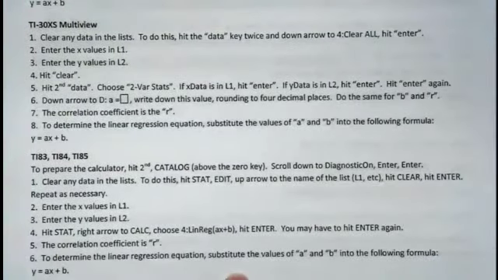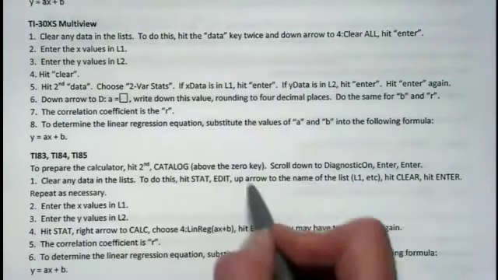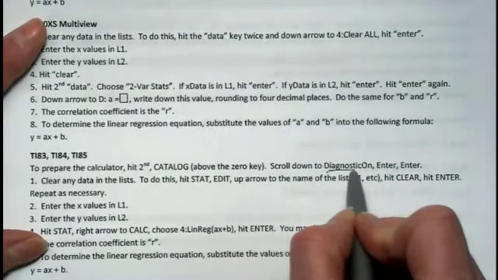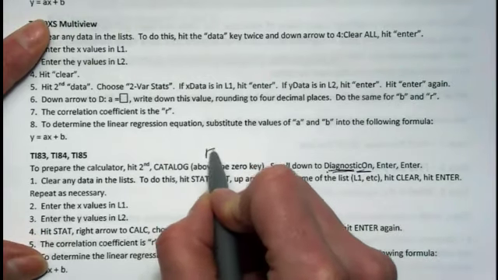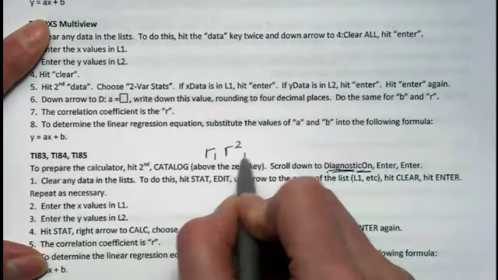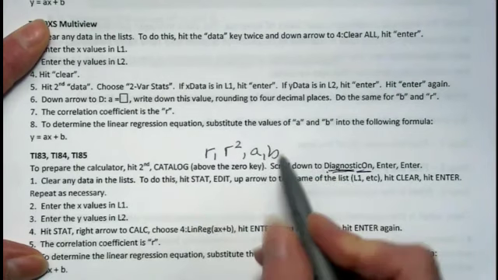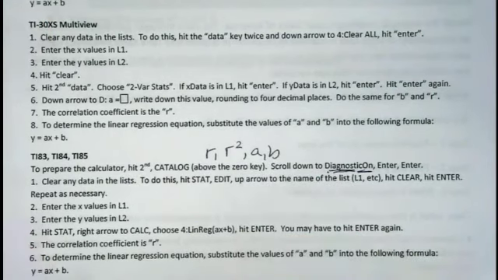Okay? On the TI-83, 84, if you turn your diagnostic on, which is the first step, you will get R, R squared, A, and B. So for $100 more, you get R squared calculated for you. Okay?